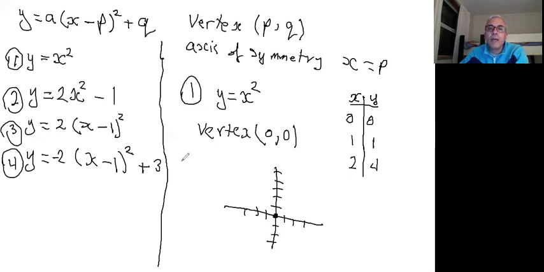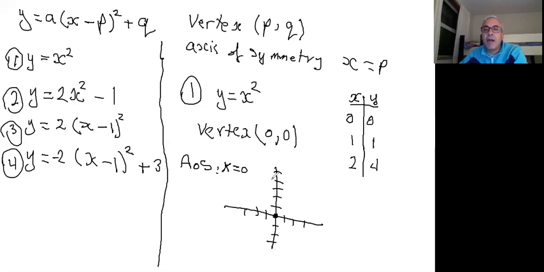Also, I'm just going to say the axis of symmetry, and for this one it is x equals 0, because that's x equals the p-value, and the p-value is always this part of the vertex. So basically this means my y-axis here is going to be the axis of symmetry. So x equals 0 is basically saying the y-axis.